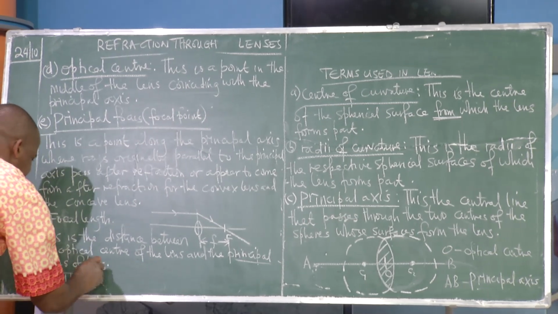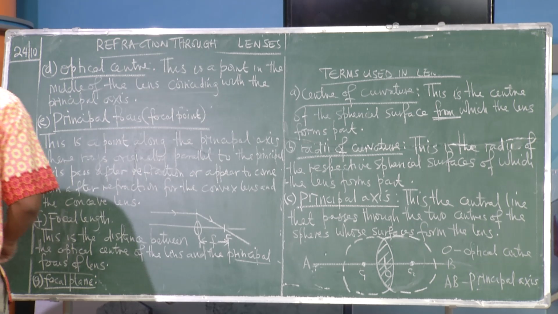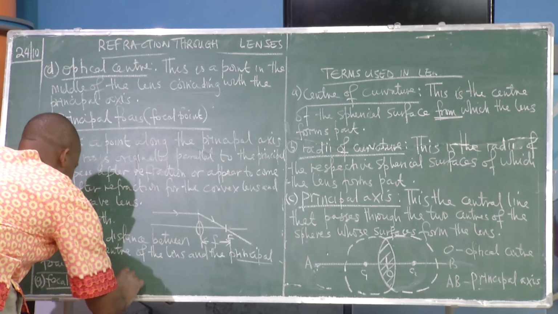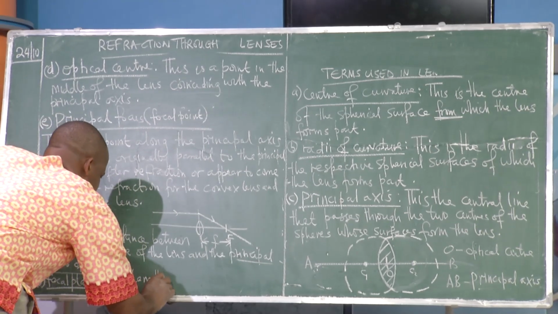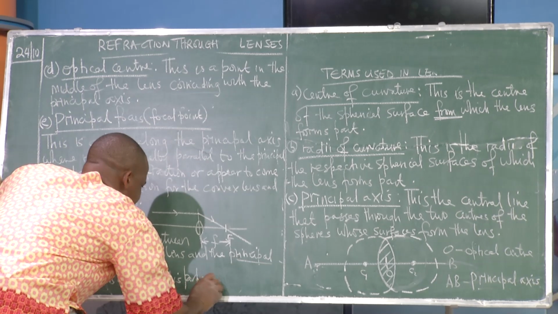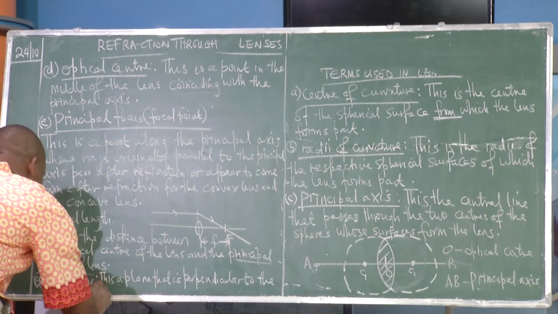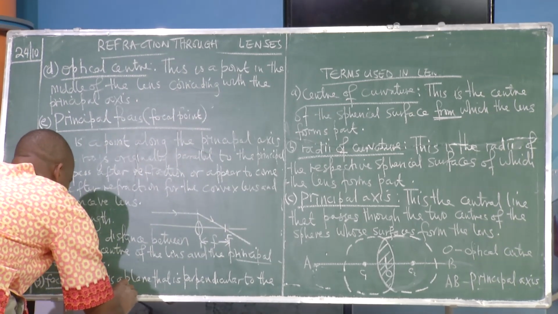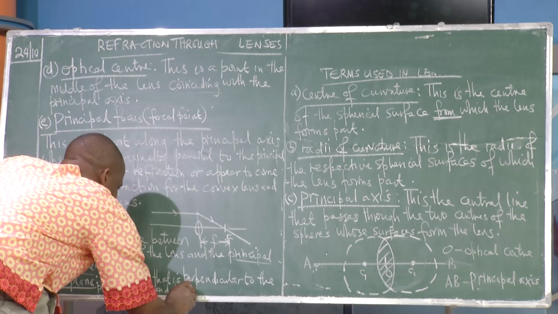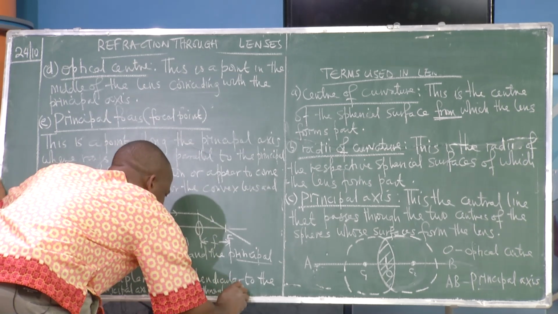This is a rare term. It is a plane that is perpendicular to the principal axis and passes through the focal point.